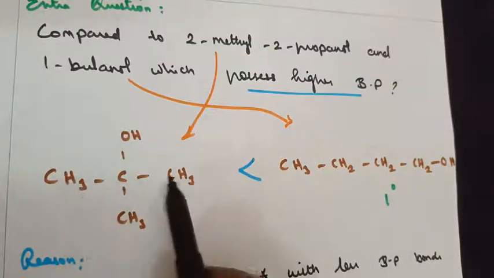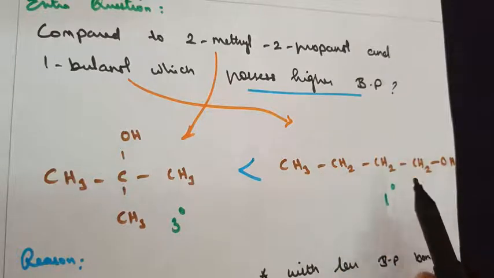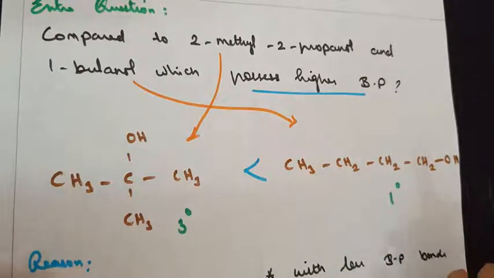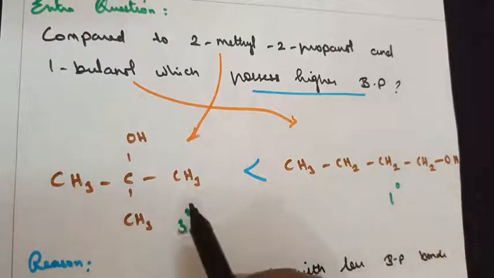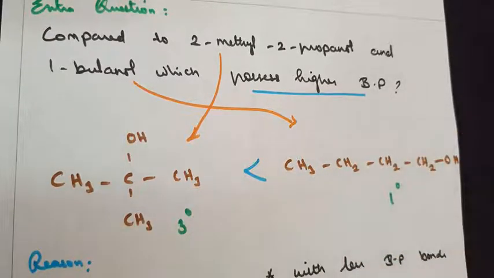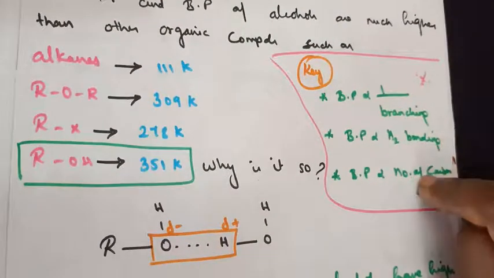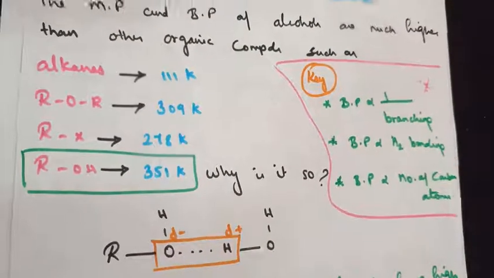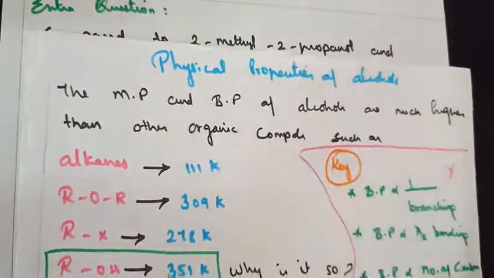Here you have only 3 carbon atoms in the main chain, here you have 4 carbon atoms. Sometimes they'll ask you to give a reason. So reasons can be explained based on the branching, the number of hydrogen bonds, or the number of carbon atoms. I hope the concept of physical properties of melting and boiling point is clear to you all.